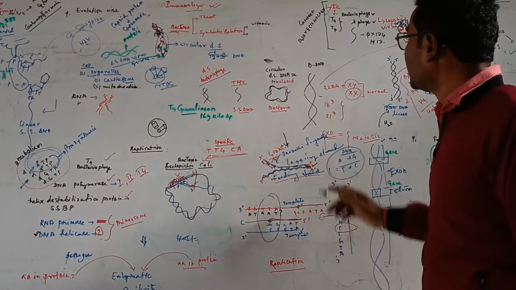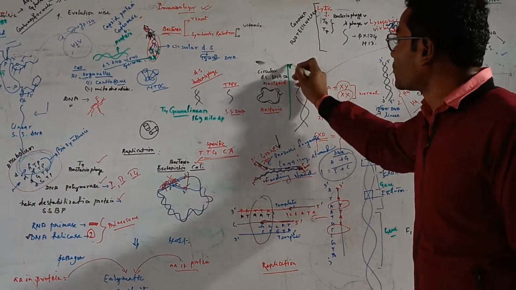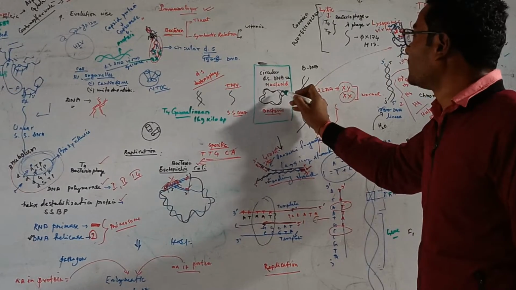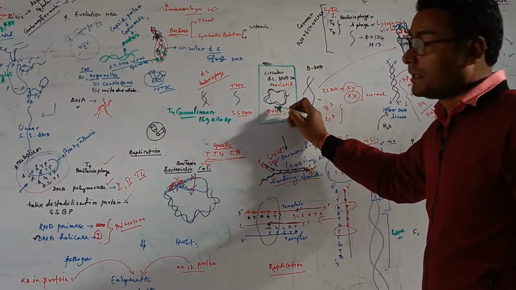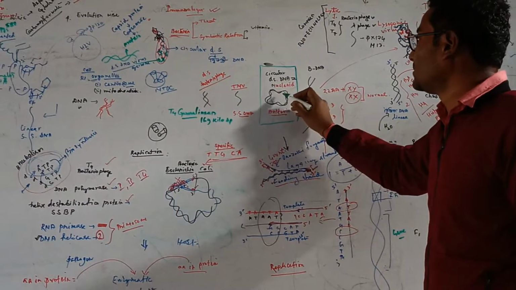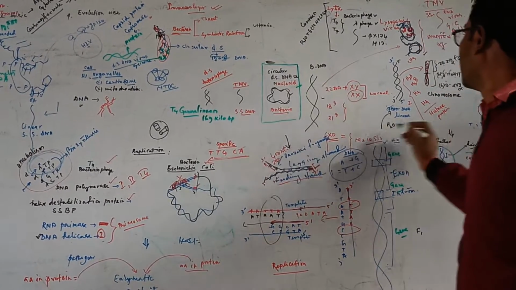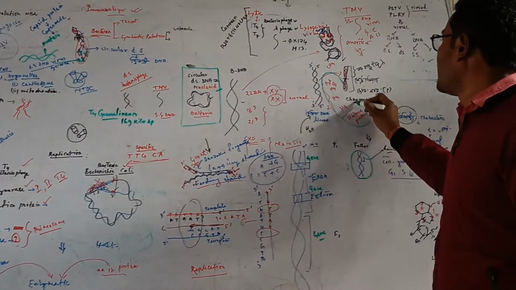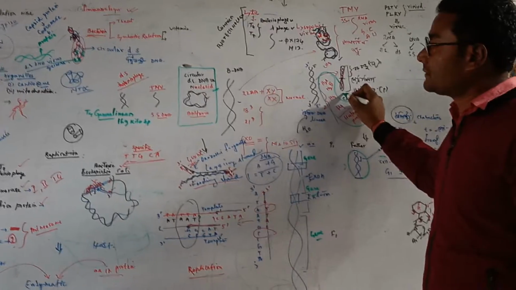Again, the bacterial chromosome here is a circular double-stranded one, devoid of histone protein as we find in our eukaryotic cases.